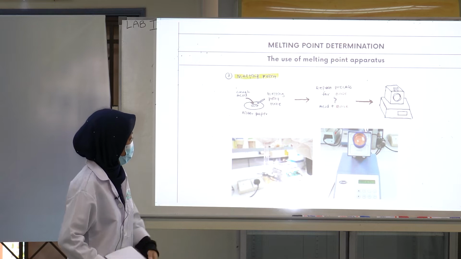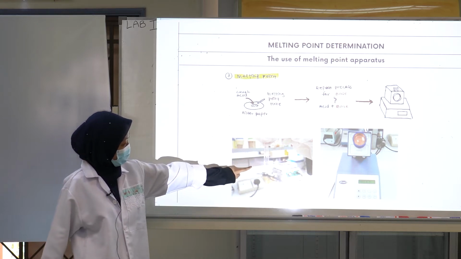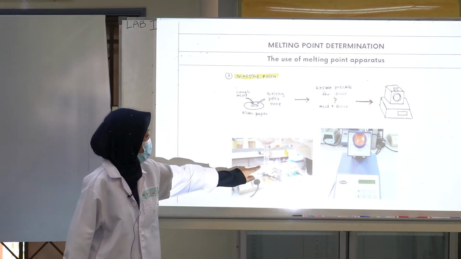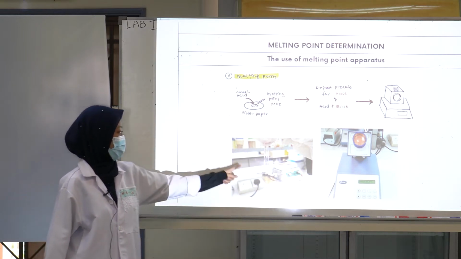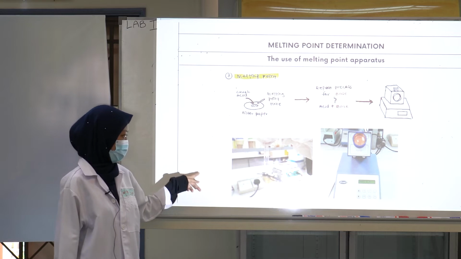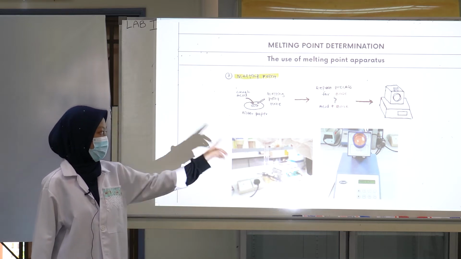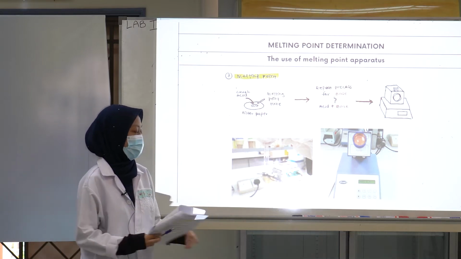So this is acid, you guys can see. This is acid, base, and this is for acid plus base. After that, we put all the melting point tubes onto the melting apparatus.